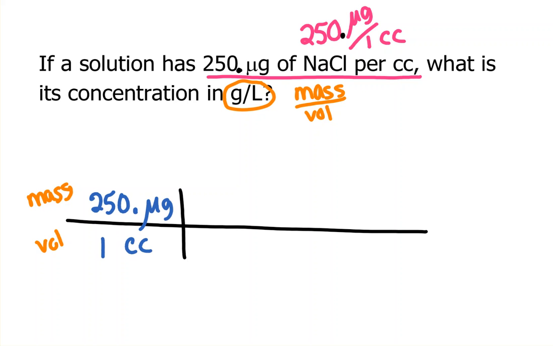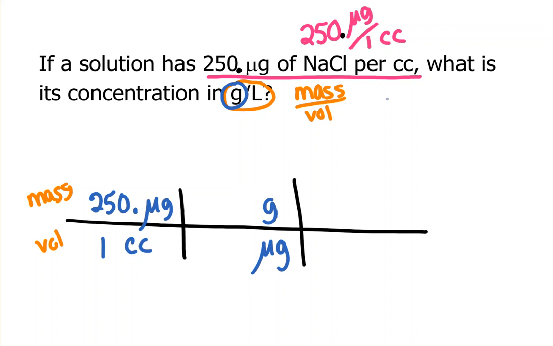Okay, and so we need to go from, we just look at one at a time. I'm going to start by looking at the micrograms. I'll put micrograms down here, and we need to get to grams. So for the top, we need grams. So I'm going to put grams here, and then I need to add the numbers so that this is a true statement.